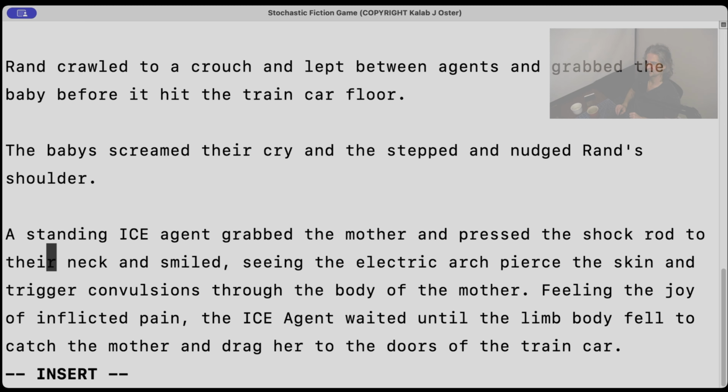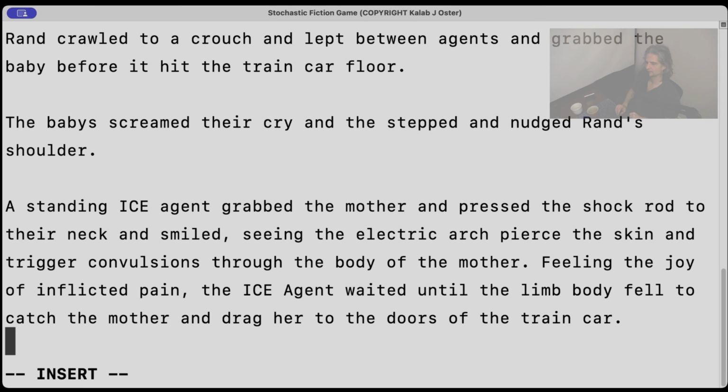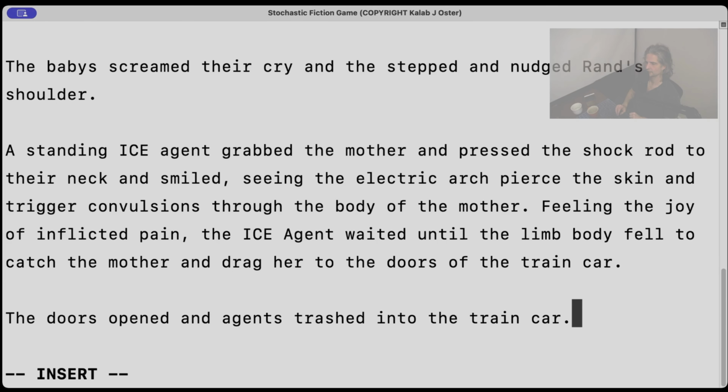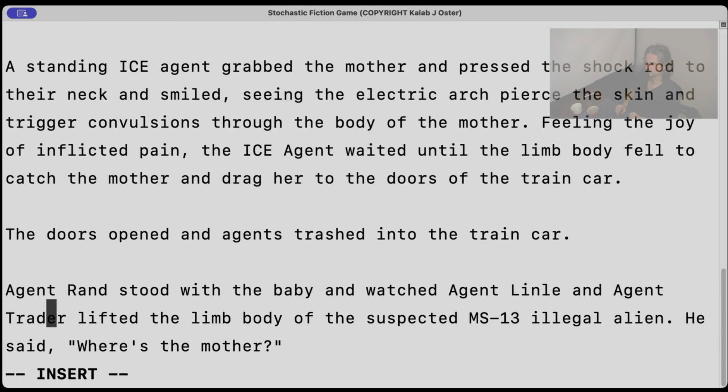A standing ICE agent grabbed the mother and pressed a shock rod to their neck and smiled. Seeing an electric arc pierce the mother's skin and trigger convulsions through the mother's body. Feeling the joy of inflicted pain, the ICE agent waited until the body limply fell to catch the mother and drag her to the doors of the train car. The doors opened and the agents thrashed through the train car.